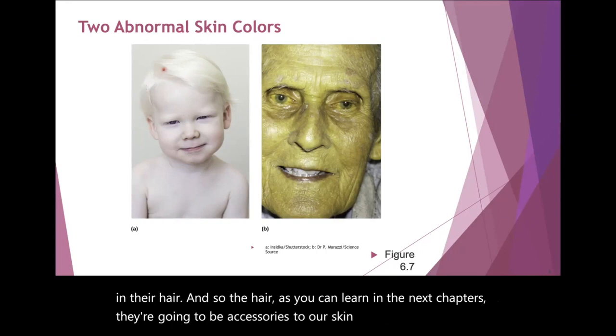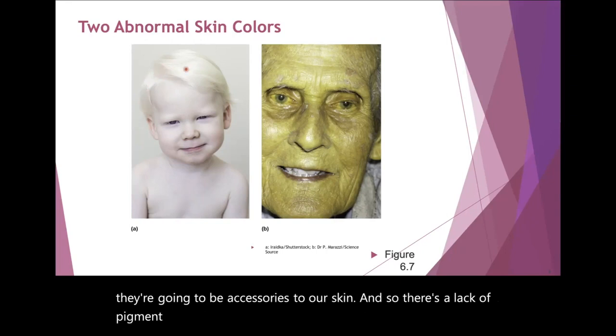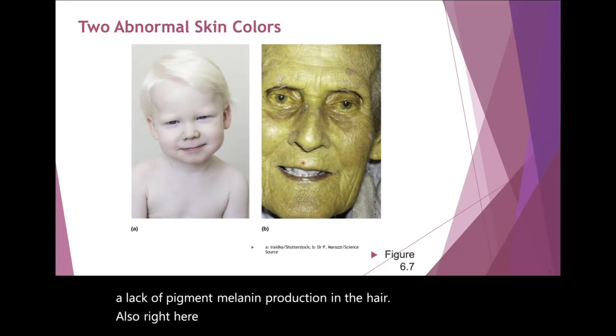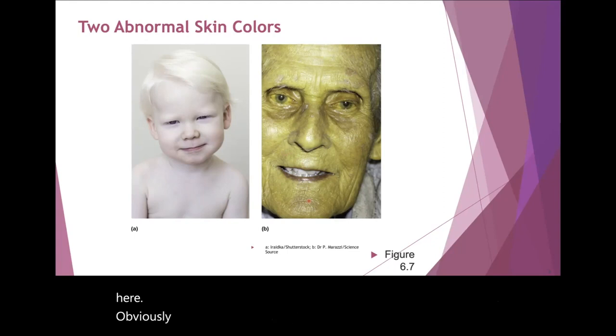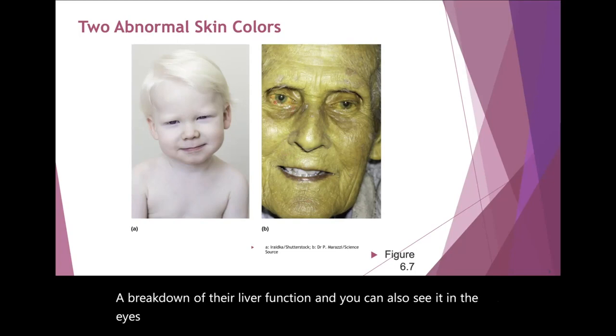And so there's a lack of melanin production in the hair also. Right here, what you're seeing is jaundice. And this individual here is obviously having a breakdown of their liver function. And you can also see it in the eyes, very yellowing of the eyes too.